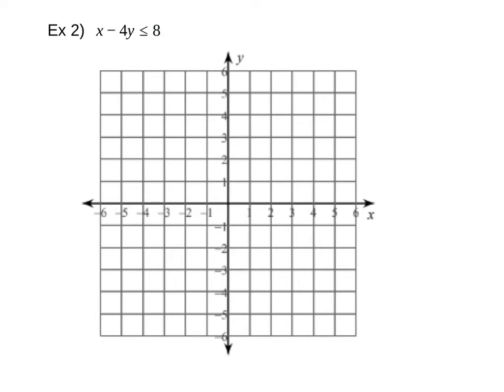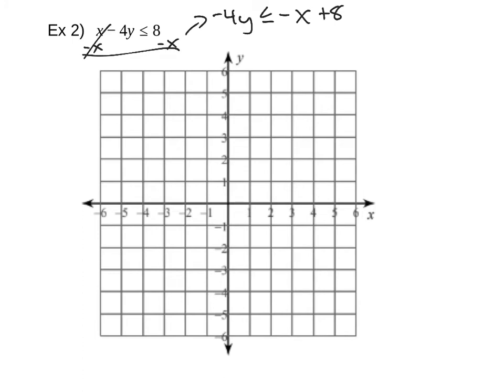So what's my first step to get the Y by itself? Do the opposite, subtract X from both sides. So now we have negative 4y, still have the less than or equal to, put the x first, negative x, and then plus 8. Last thing to do here, we're going to see something come into play.